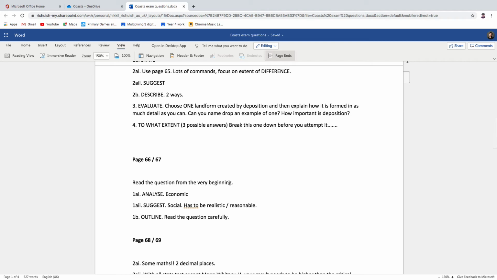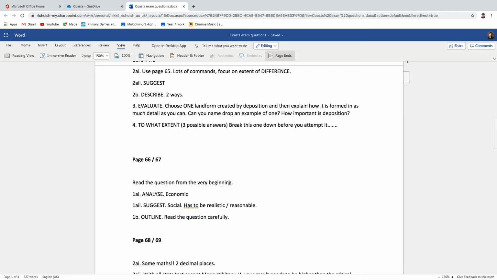Completely, partly, not at all. Do you see what I mean? It doesn't have to be a geographical question. There are always 3 possible answers. So we know in geography that we are going to be heading to the answer partly, because if the answer isn't partly, there's not really much to say. So if you ever see that command, you kind of know what your conclusion is going to be.